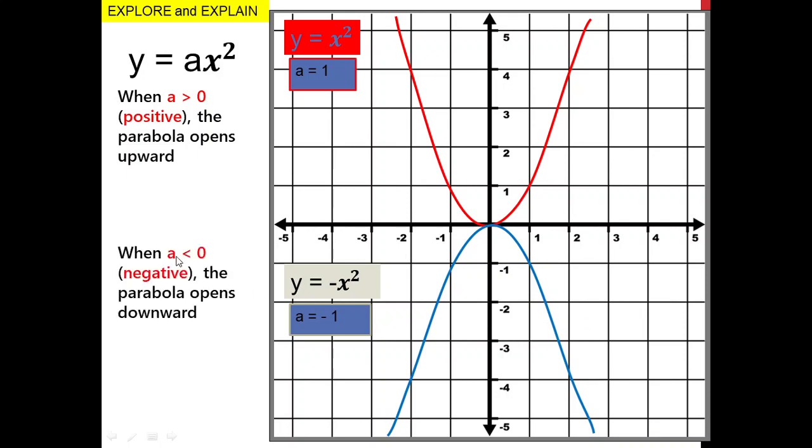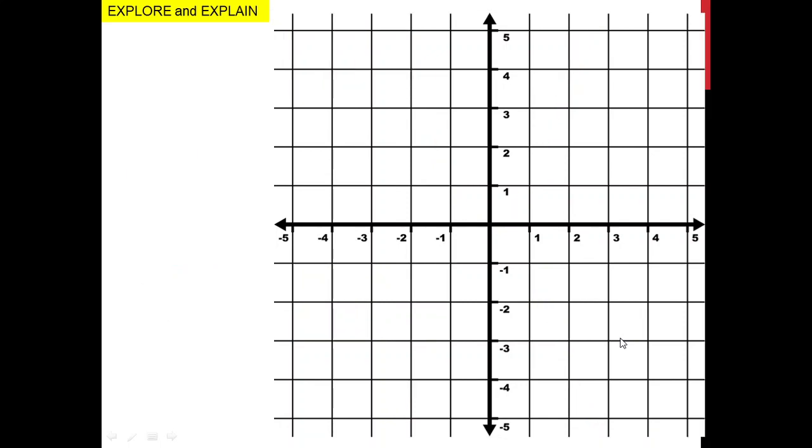So when a is less than 0 or negative, the parabola opens downward. Again, when a is positive, the parabola opens upward. Now when a is negative, the parabola opens downward.